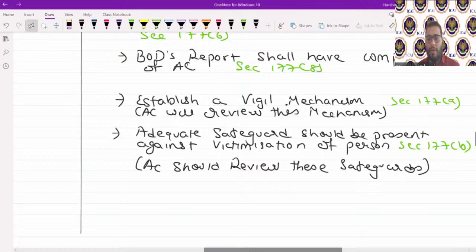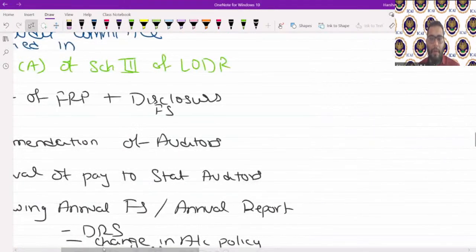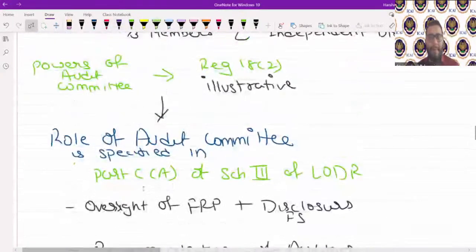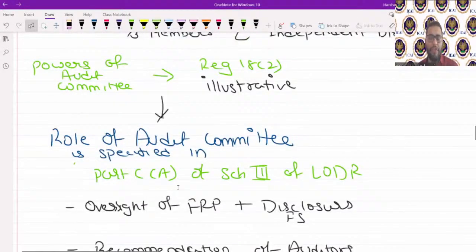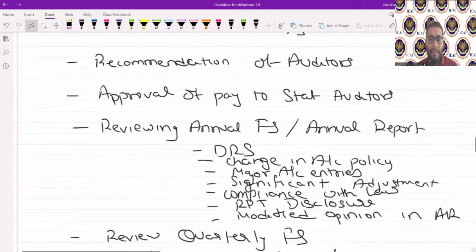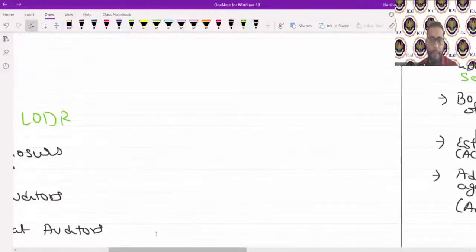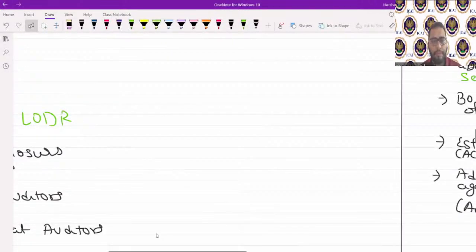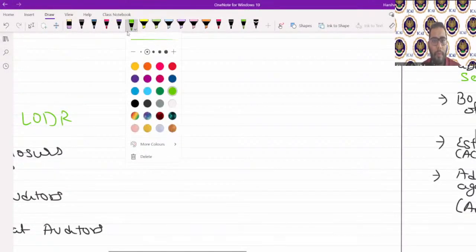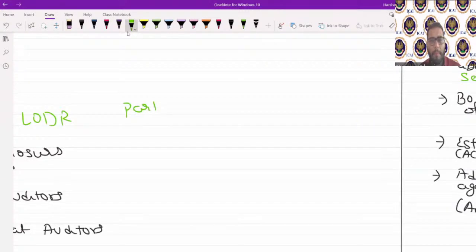Now, this was under the Companies Act. However, we saw part C, subpart A under Schedule 3 of LODR. There is one more part over there, that is part C, subpart B of LODR.